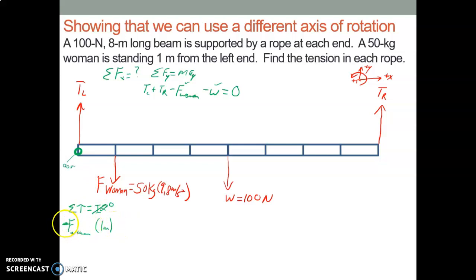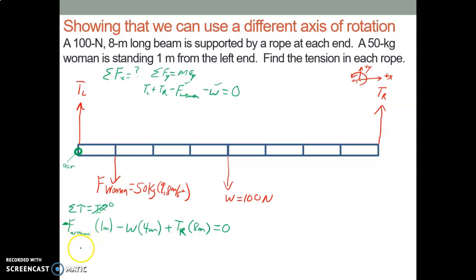Sorry, ugliest negative sign I've ever made. Then we've got the weight, which is also creating negative torque. So that's weight times 4 meters plus T_R times 8 meters equals 0.